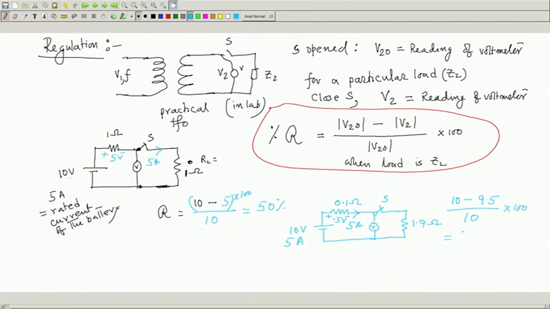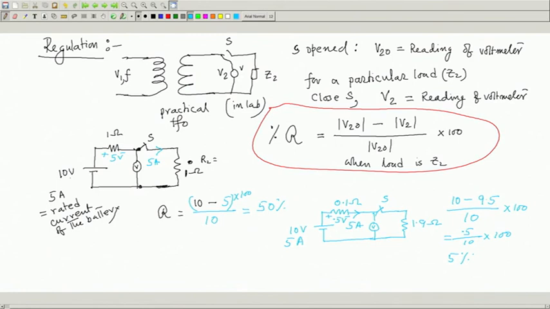Regulation is now quite small, 0.5 by 10 into 100, it will be 5%. Therefore, you have purchased a source to supply load, and whatever this your source is capable of delivering current, that you will draw, and you would like to see across the load almost this open circuit voltage comes. So, this source is better than this source.